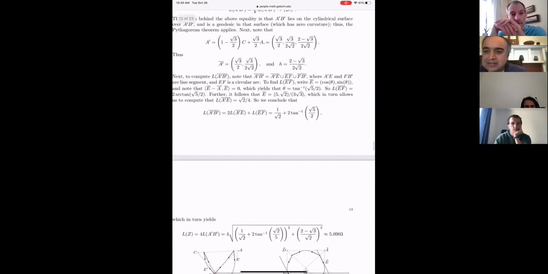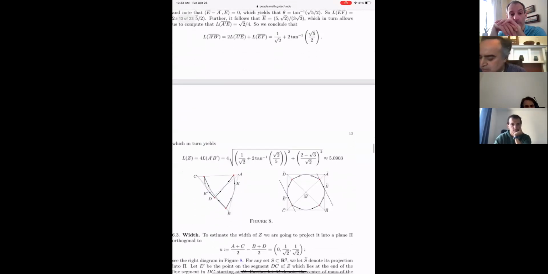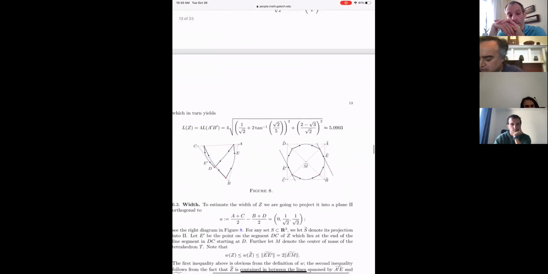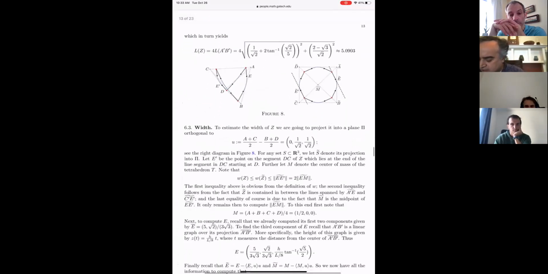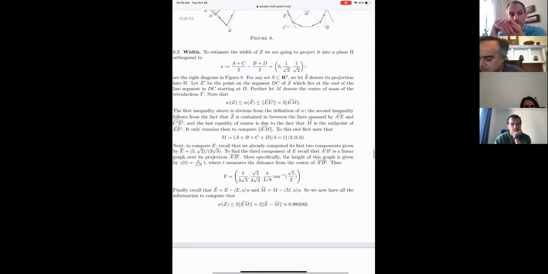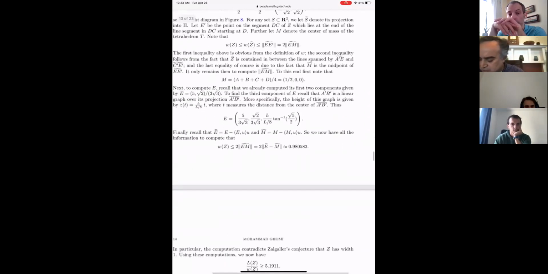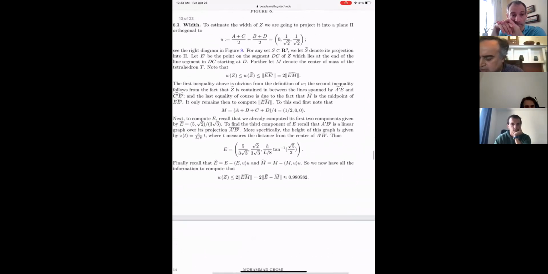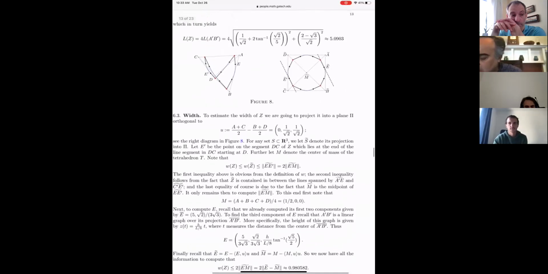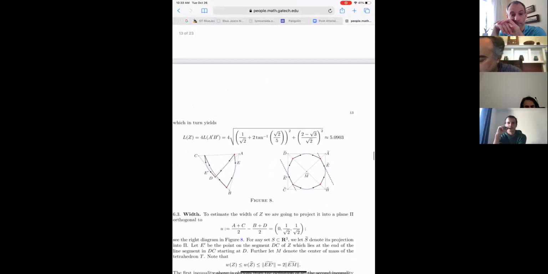So actually, this conjecture of Zalgaller was false. So this curve doesn't give you the best estimate, as I demonstrated here. So sorry, let me actually recall. Why was his conjecture false?